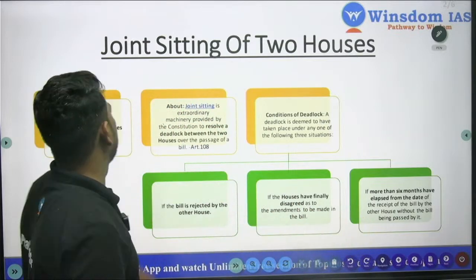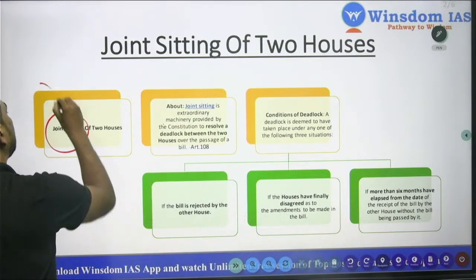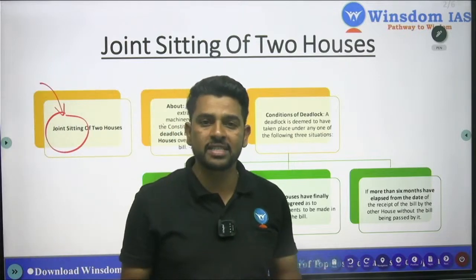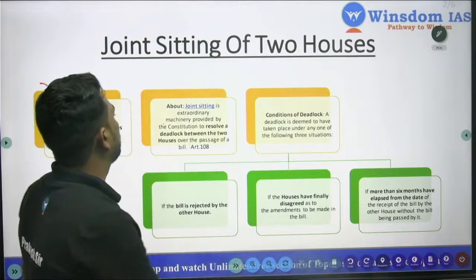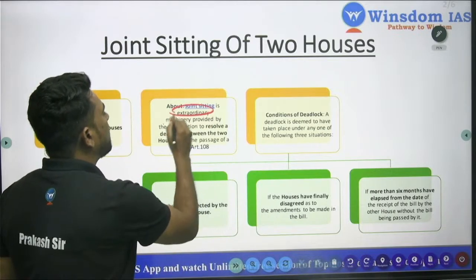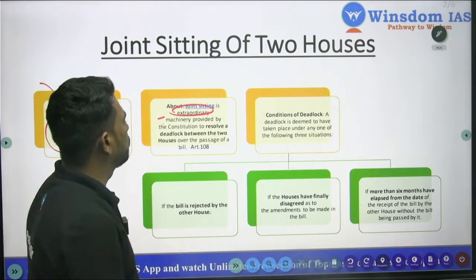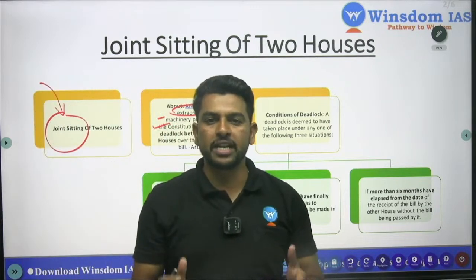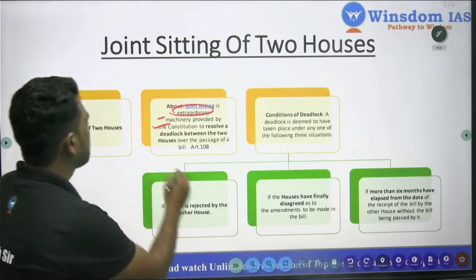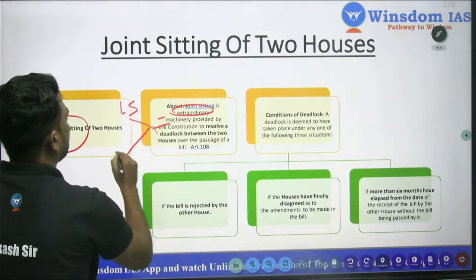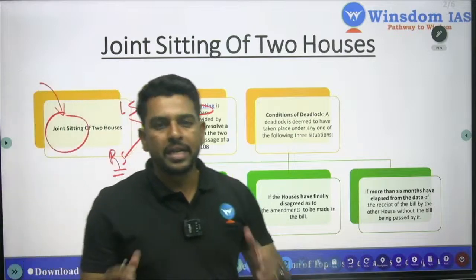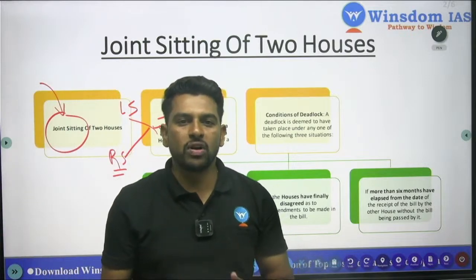The first and most important thing is why there is a provision of joint sitting and what it exactly is. It is an extraordinary machinery provided by the Constitution to resolve the deadlock between the two houses, here the two houses meaning the Lok Sabha and the Rajya Sabha. What does deadlock mean?